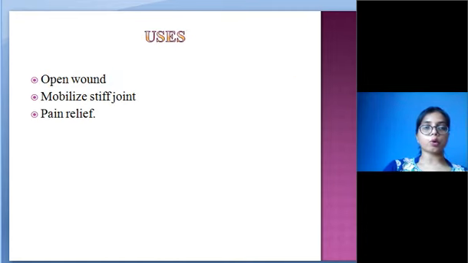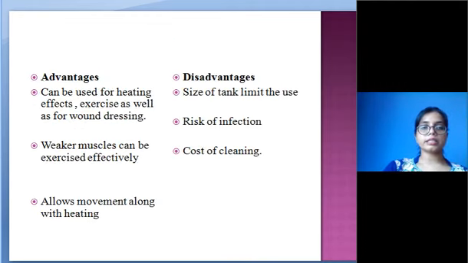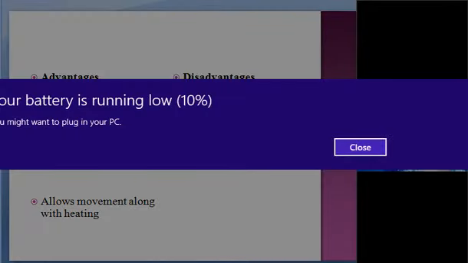Uses: open wounds, to mobilize a stiff joint, and pain relief. The advantage is that we can give active exercises with the heating effects, as well as wound dressings. The assistance of the water is effective in exercising the weak muscles, allowing the movement with heat.